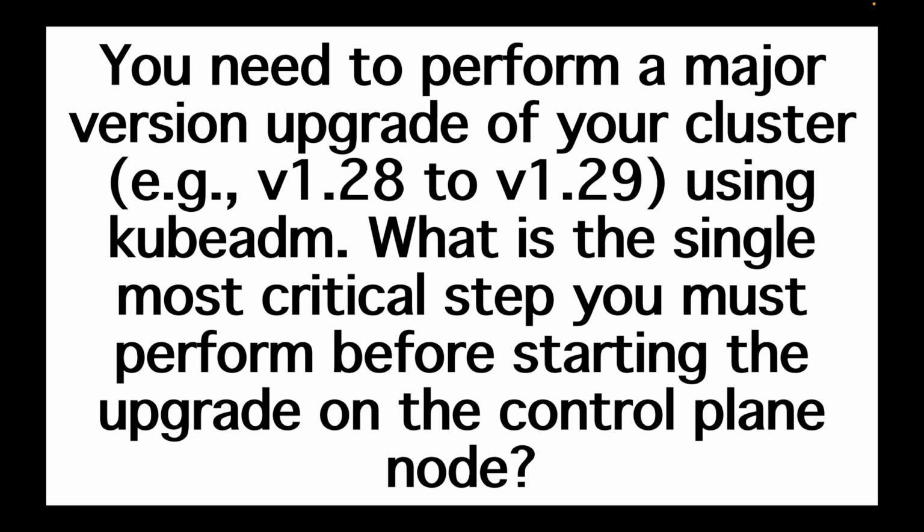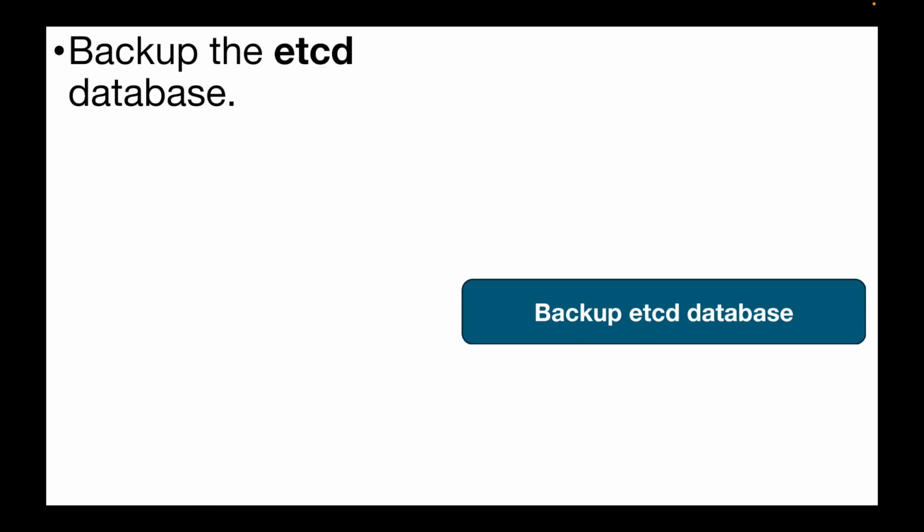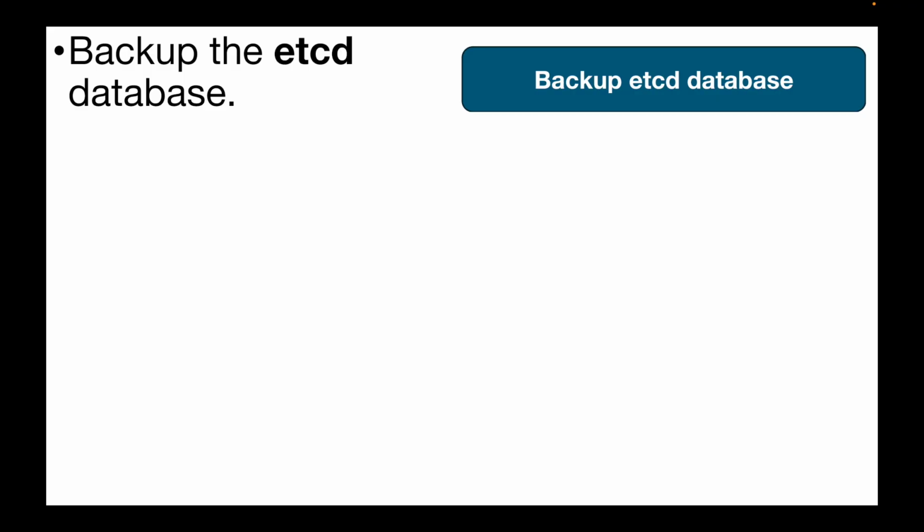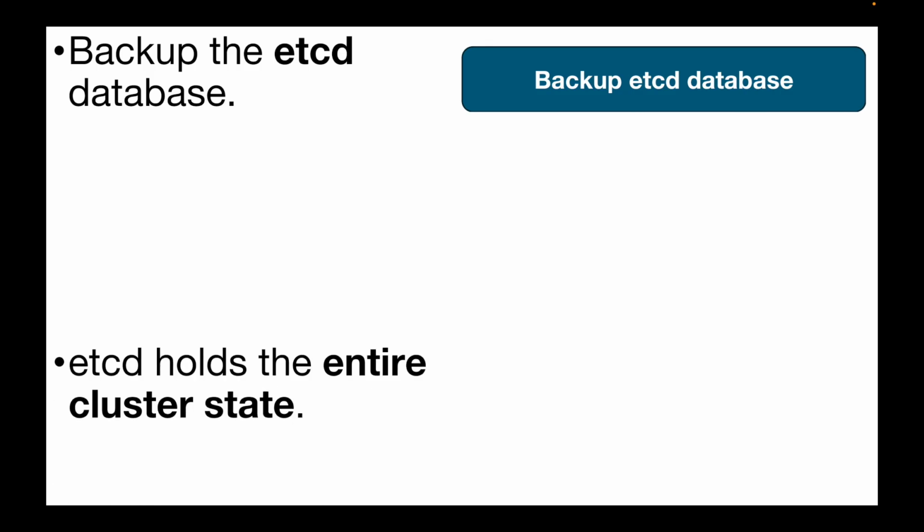The next question we have is, you need to perform a major version upgrade of your cluster from, let's say, version 1.28 to version 1.29 using kubeadm. What is the single most critical step you must perform before starting the upgrade on the control plane node? So for this, the first thing that we need to do is back up your etcd database, because this is where all of your sensitive information, your cluster related information is stored.